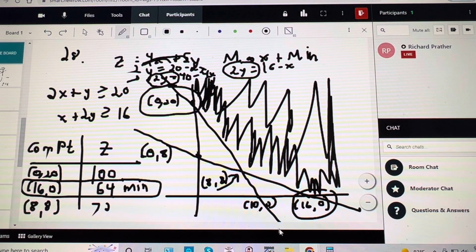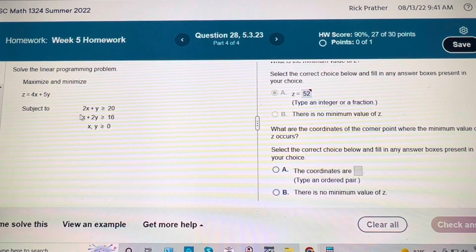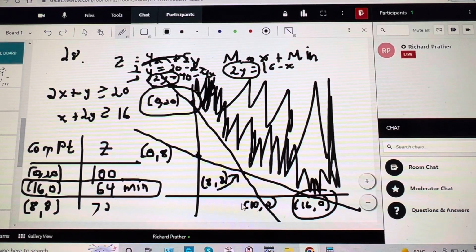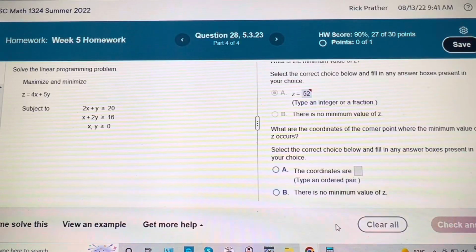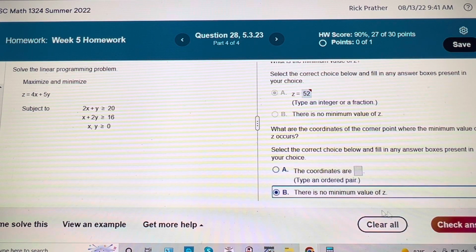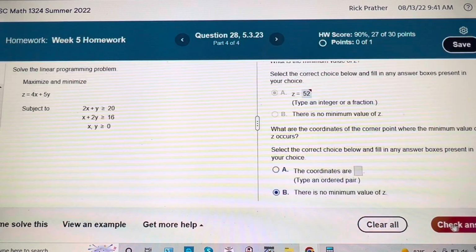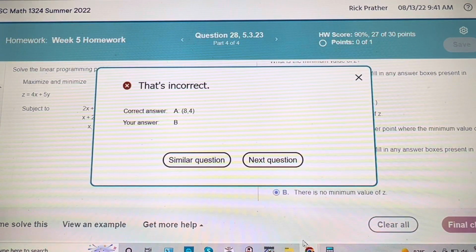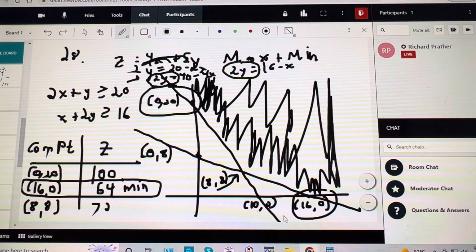20x plus y is greater than or equal to 20. X plus 2y is greater than or equal to 16. 52. Okay, so I gotta see what they say this is. How is that not 8, 4? Where's that one? 8, 4.